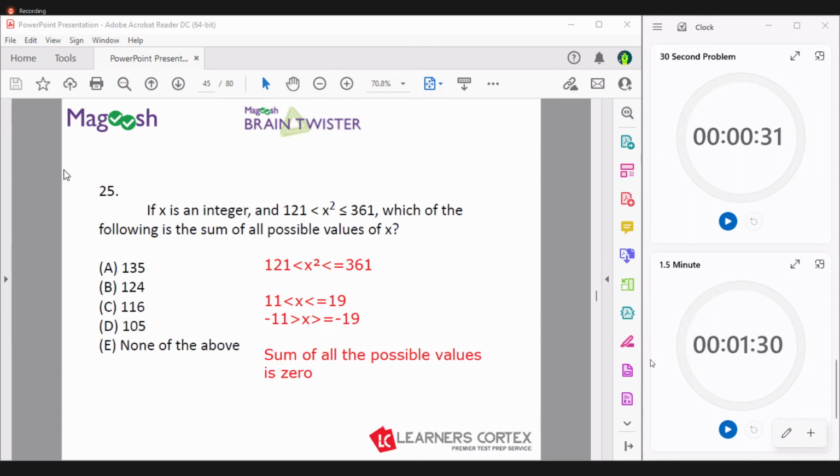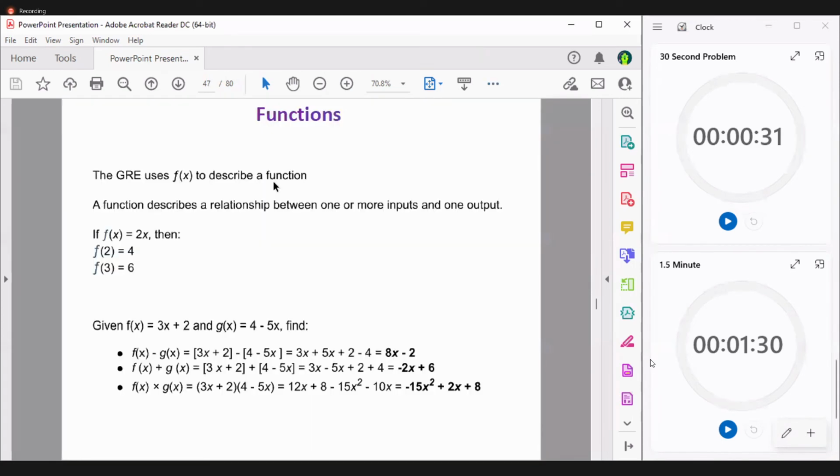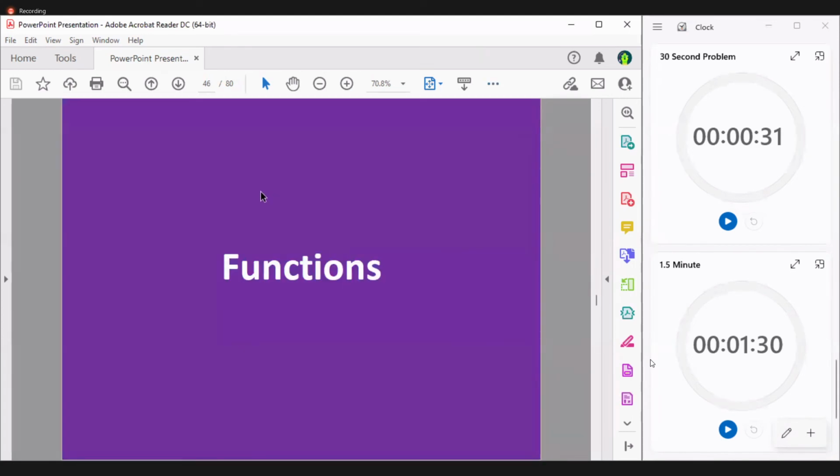Next question. What is that? Yeah. Functions now. Okay, before starting functions, let's take a 2-minute break. I'll also put the laptop on charge.